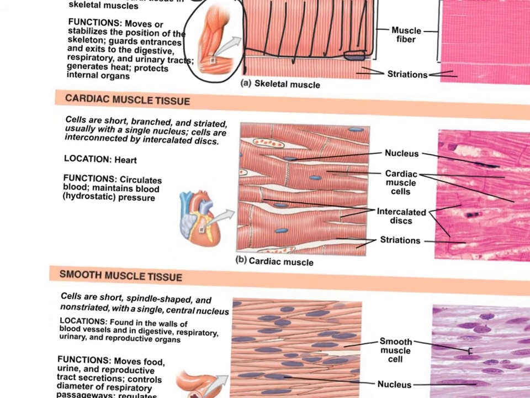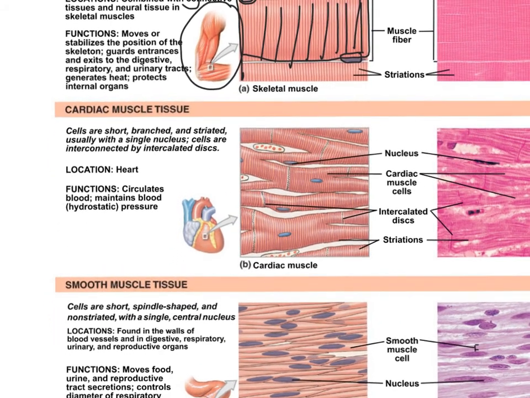The next type of muscle tissue is cardiac muscle tissue. Cardiac muscle tissue is only found in the heart. The other thing is that when we look at the cells, we see that the cells branch. You can see them branching.